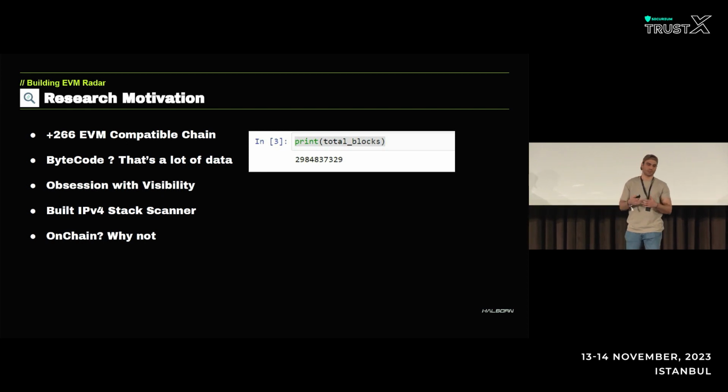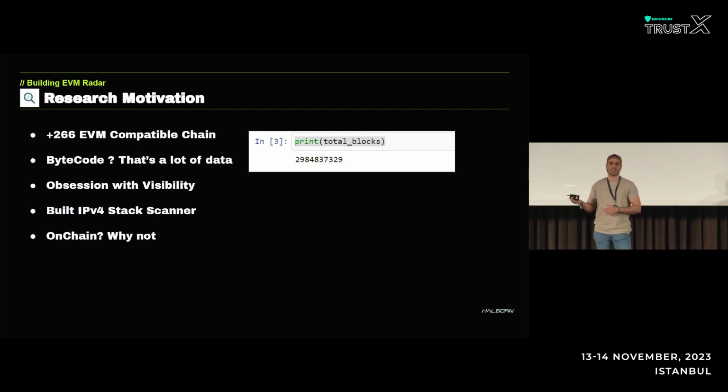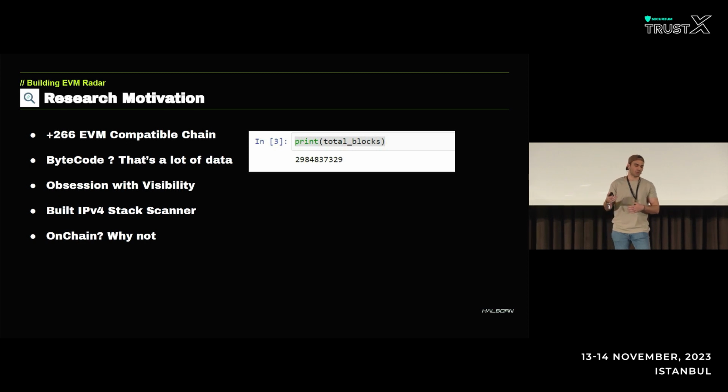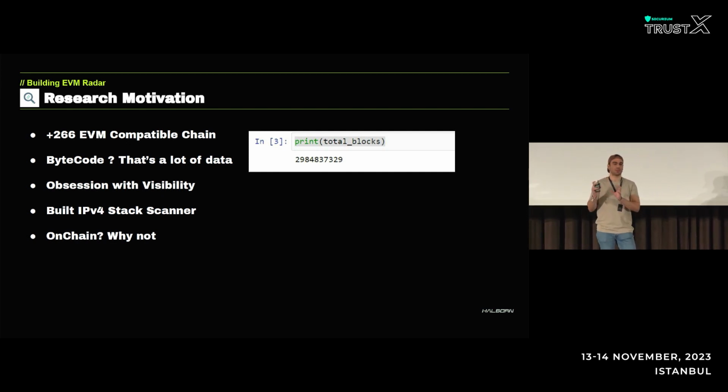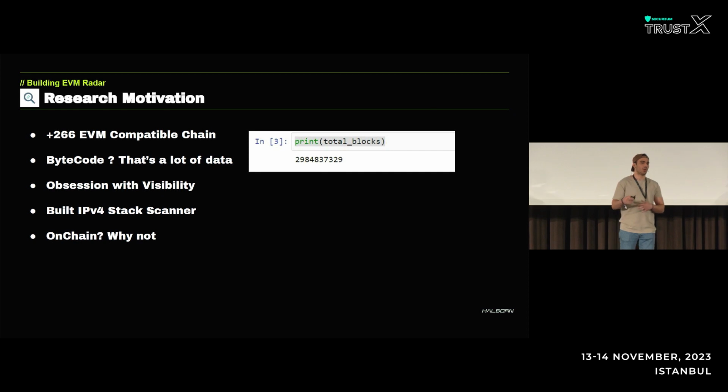So I said, okay, I'm going to build something like this in-house, and I did. It's working till today. So the idea was, why don't I do this on-chain? Whenever a vulnerability gets disclosed or an interesting logical vulnerability comes up, I can identify several variants of this bug on other contracts.